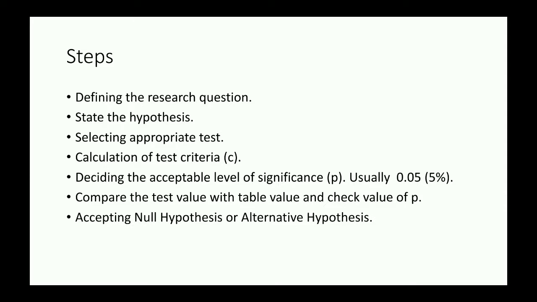Then you will accept or reject the null hypothesis, or accept or reject the alternative hypothesis, based on the value you get. So suppose your p value is less than 0.05, that means your results are statistically significant, and you are going to reject the null hypothesis in case your p value is less than 0.05 when you are taking a 5% level of significance.